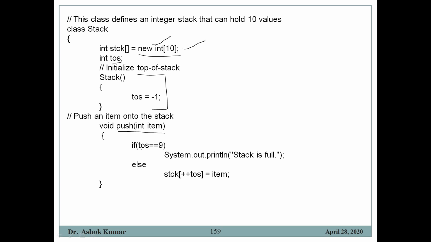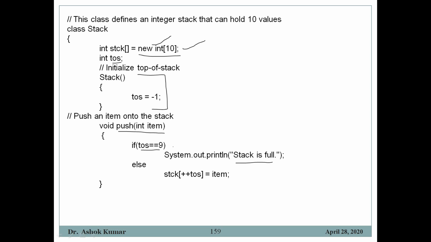If the TOS value is 9, that means it is already full. So in case TOS is 9, we display the message stack is full. If TOS is not 9, that means there is some space in the stack and the element can be added.